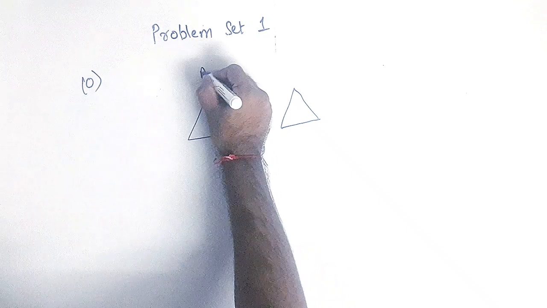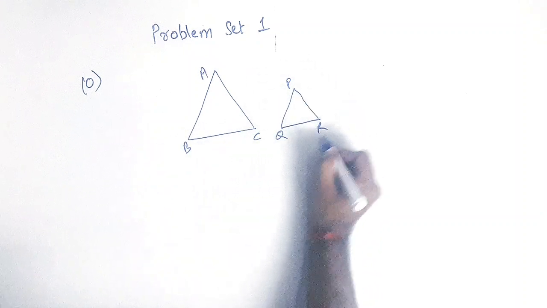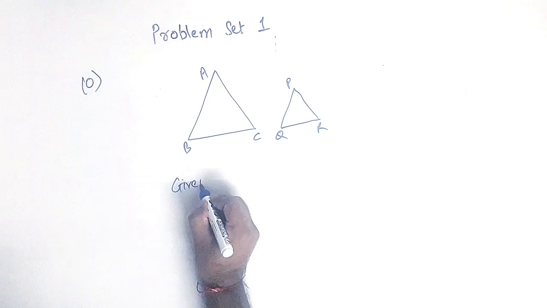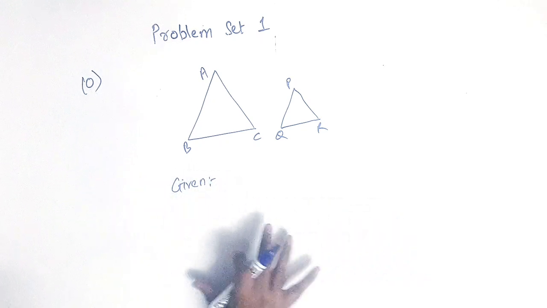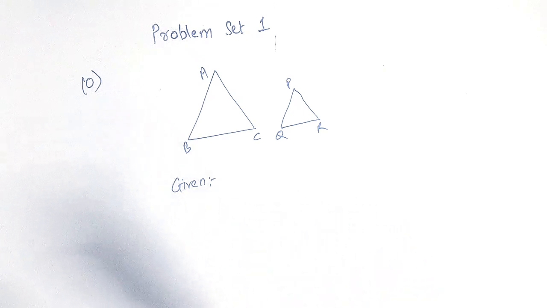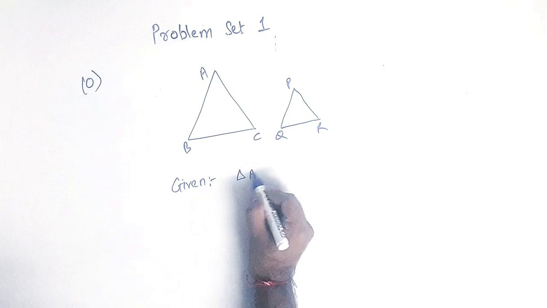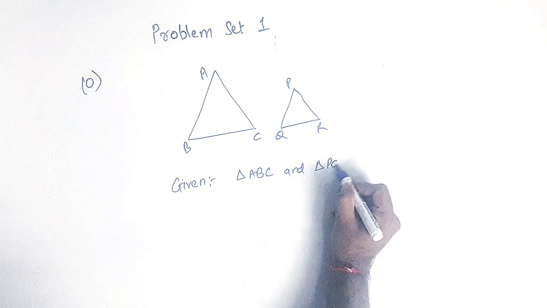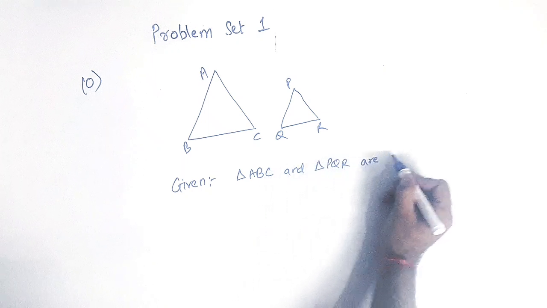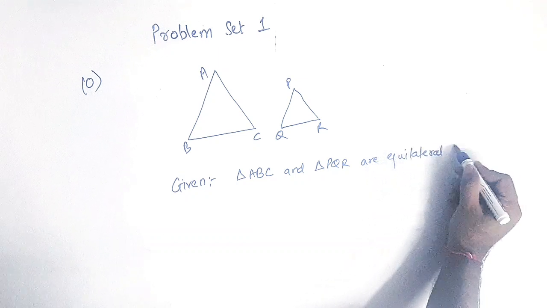So if I take this as ABC and this as PQR, the antecedent means the given part, which is whatever is there after if. Now here if-then is hidden, but you have to make it out. So given: triangle ABC and triangle PQR are equilateral triangles.